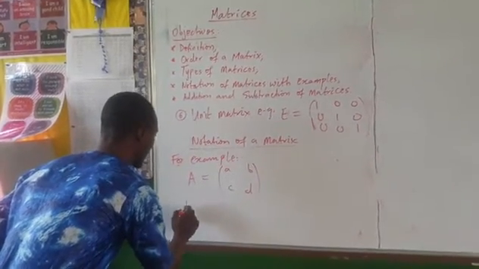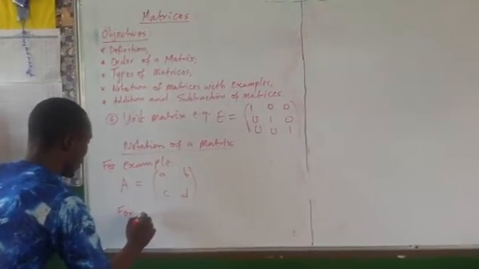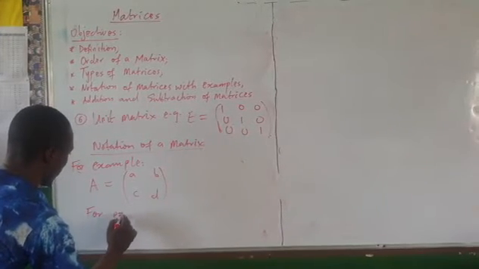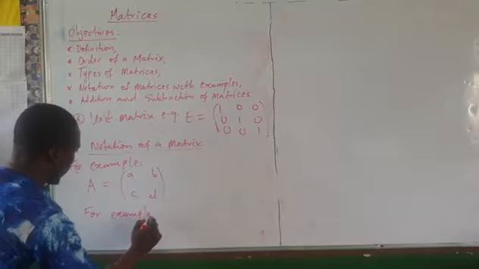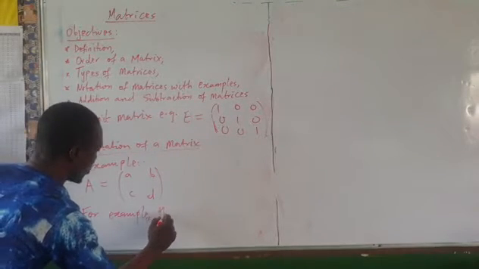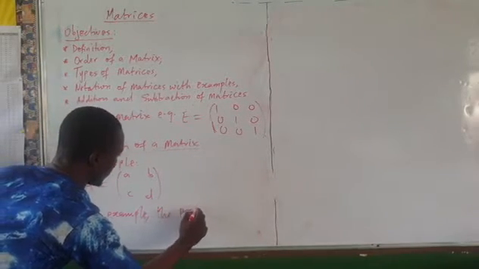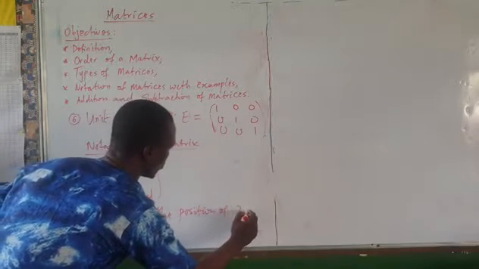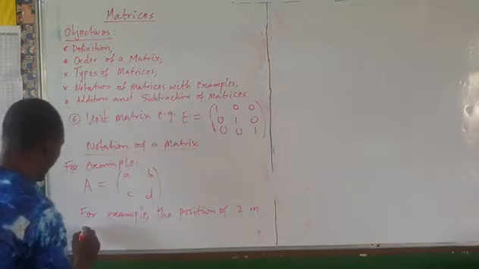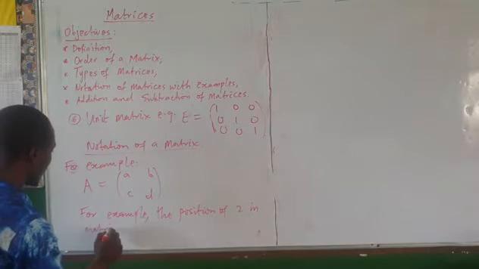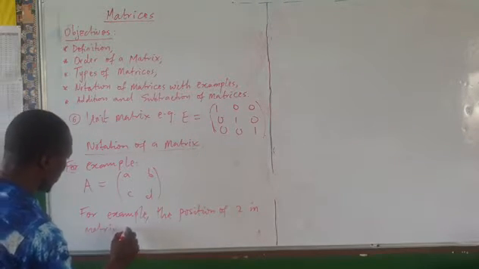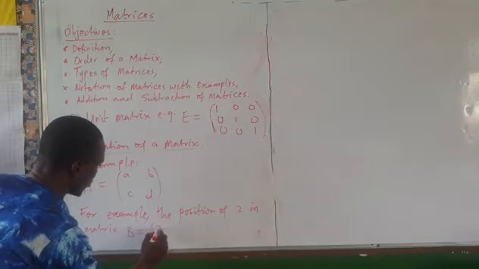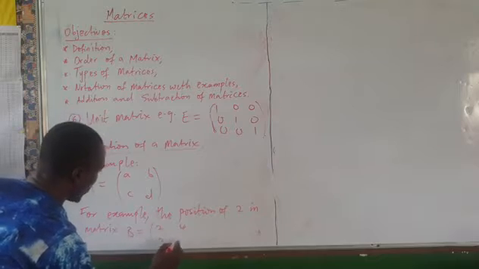For example, the position of 2 in matrix B, which is equal to 2, 4, 3, 1.